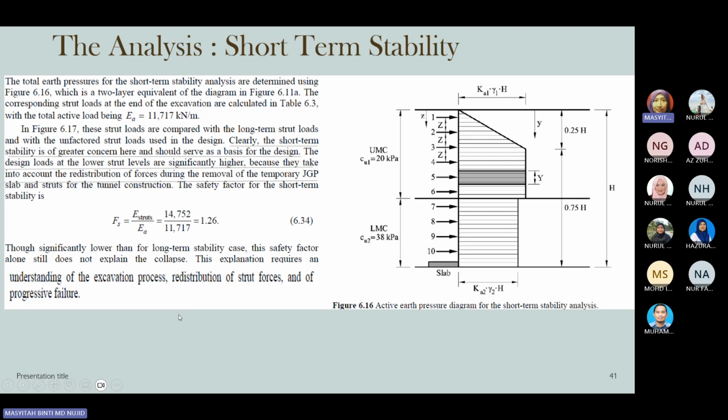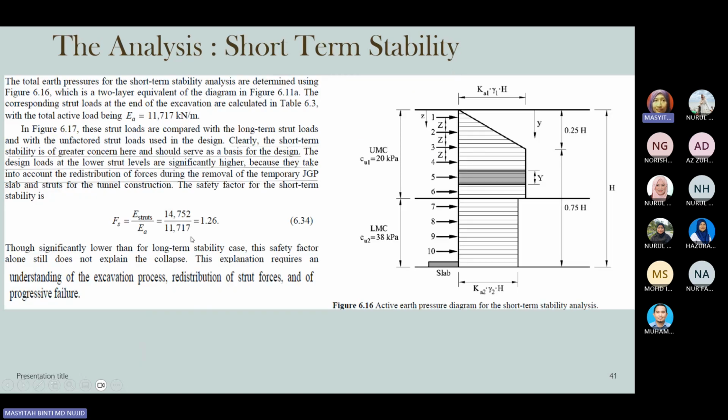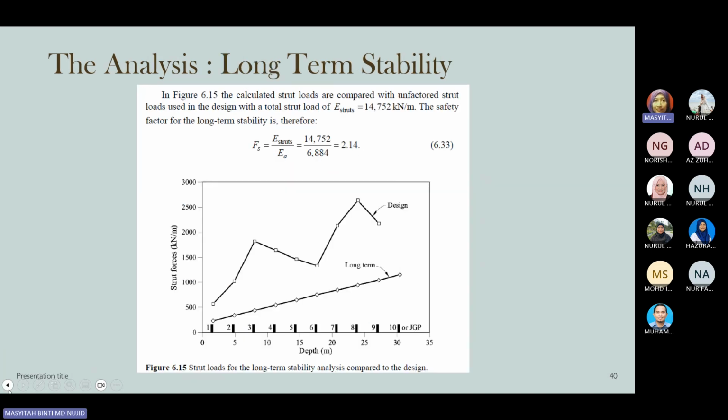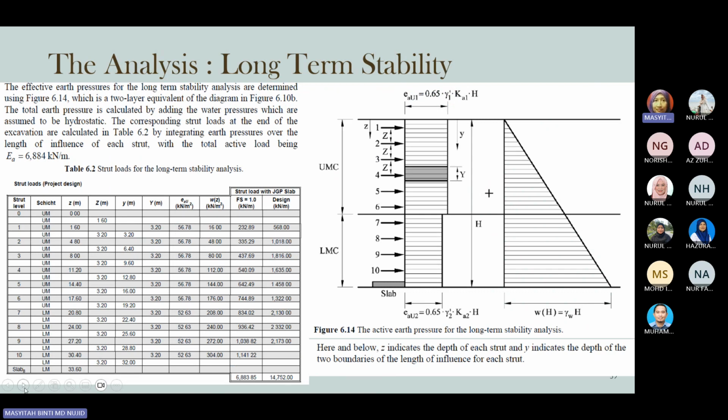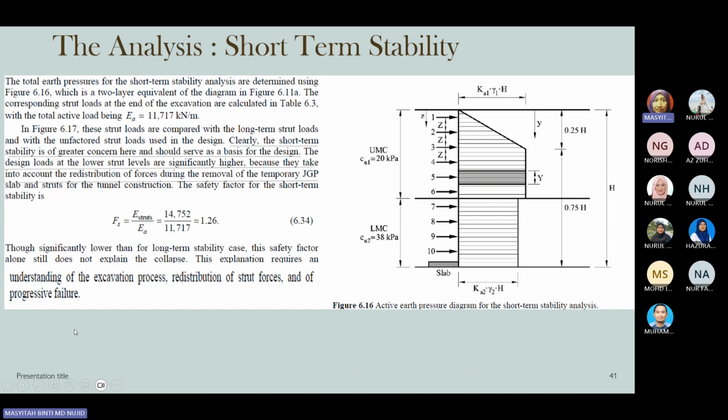Looking here, the factor of safety for short-term stability is very low compared to long-term stability, which is 2.14, meaning that the deep excavation is not critical for long-term stability, but it is critical in the short-term stability. And you also can see that the total active load is around 11,717 kilonewton per meter, which is a bit higher, but the factor of safety is shown differently.